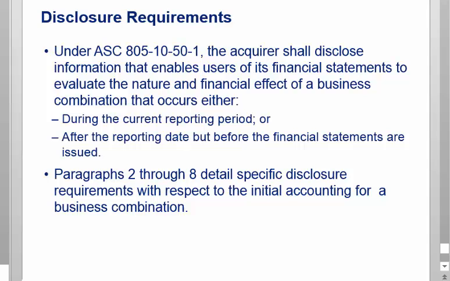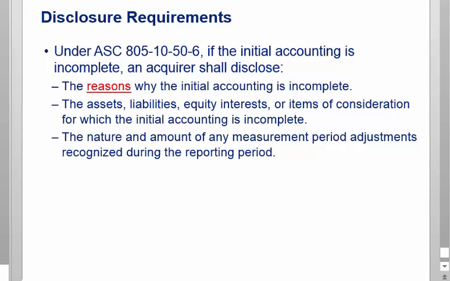Okay, so when you do an acquisition, you have disclosure reporting requirements. And we're going to talk through those by looking at the Avago 10K. And then the last thing I'll say here is part of that disclosure requirement, and we'll see if we can see it in the Avago 10K, is if you keep your acquisition accounting window open, you need to have a little disclosure that addresses this.